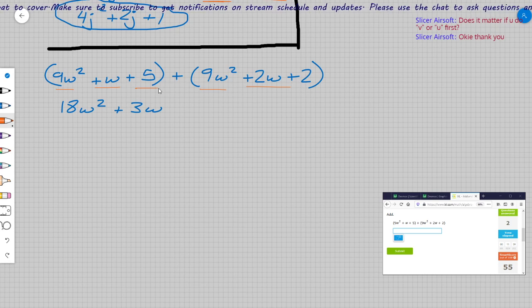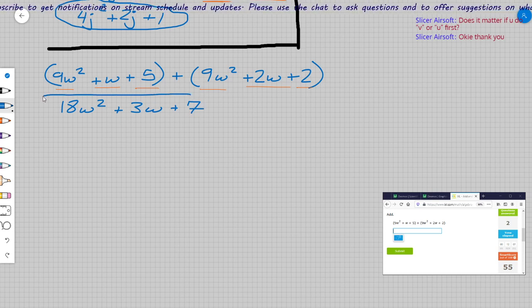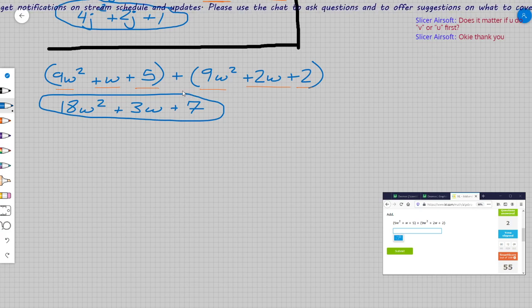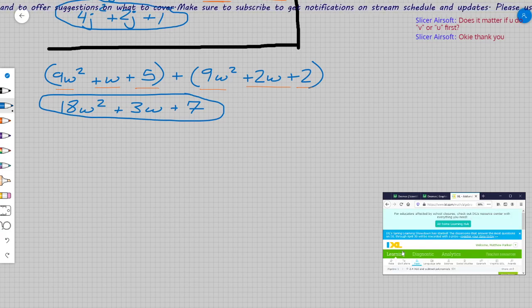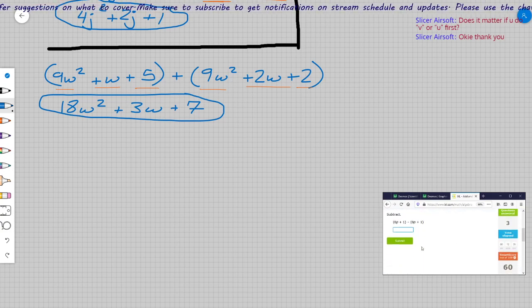And then the last one, positive 5, positive 2. So you add that together and you get 7. So if I was to put that into our little IXL problem, 18w squared, right arrow, plus 3w, plus 7, and boom, we got that right.